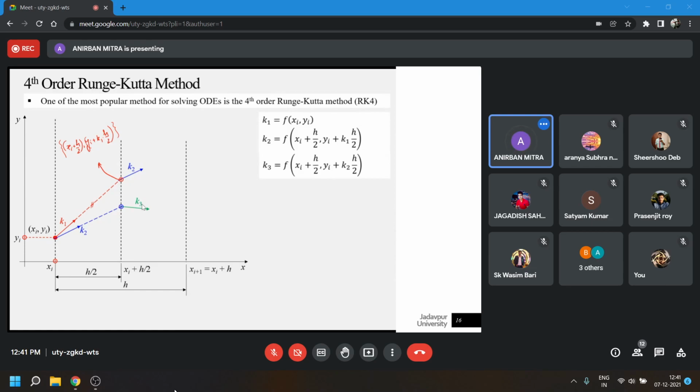In the next step, we are going to use k3. Go back to xi, yi. With k3 as slope, draw this line. Now this one goes to h, not h by 2, not the midpoint of the interval, but to the end of the interval. Intersection of this extended slope and the vertical line, that coordinate point is known, and we can calculate another slope at that point, that is k4.